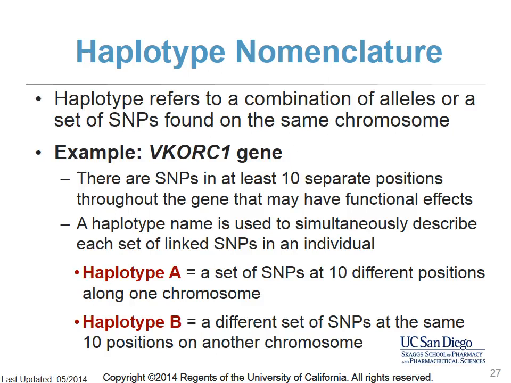A unique name may be assigned to each haplotype, simultaneously describing an entire set of linked SNPs. In the case of VCOR-C1, haplotype A defines a particular set of SNPs at 10 different positions along one chromosome, while haplotype B defines a different set of SNPs at the same 10 positions on another chromosome.